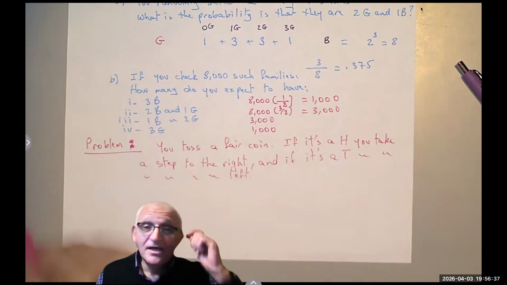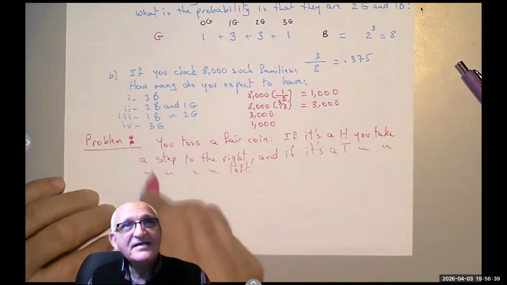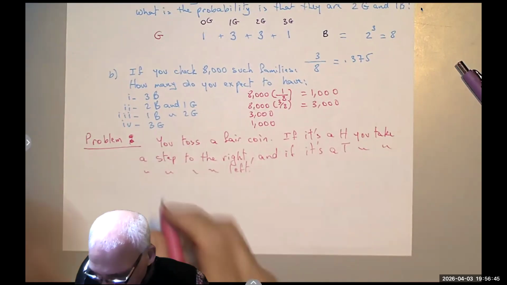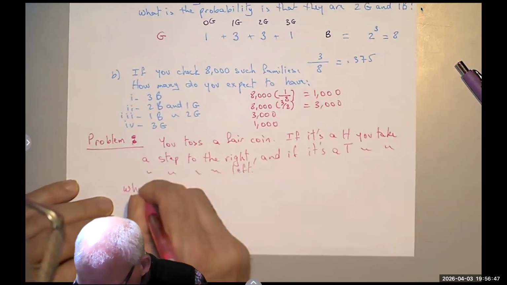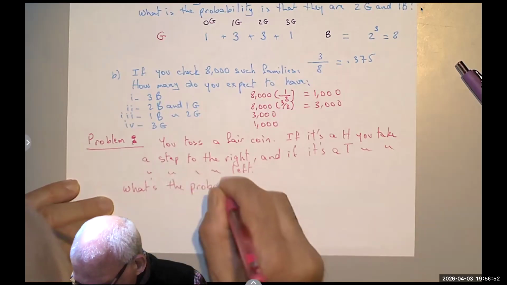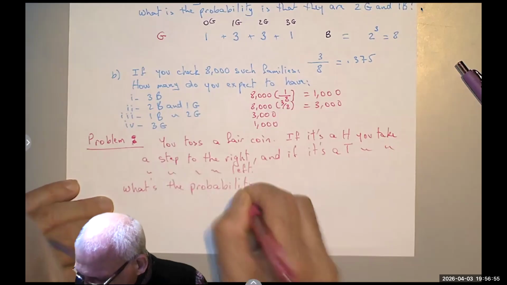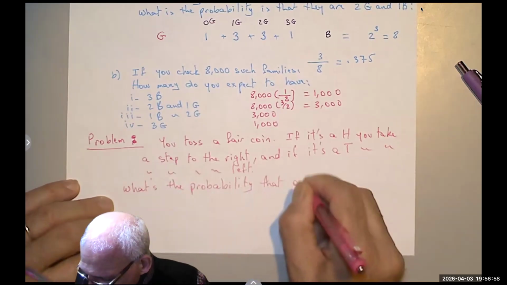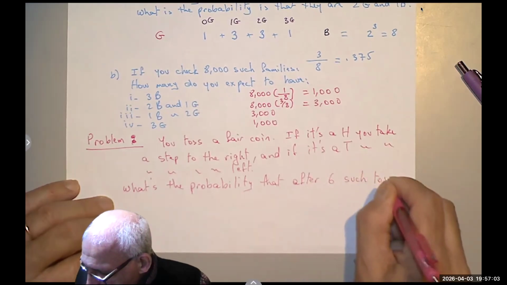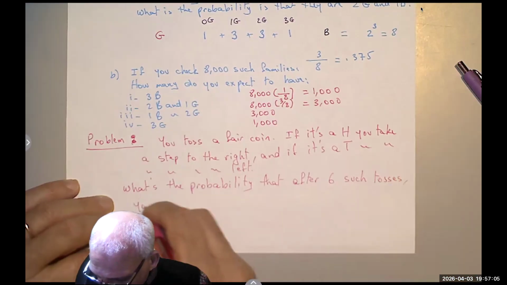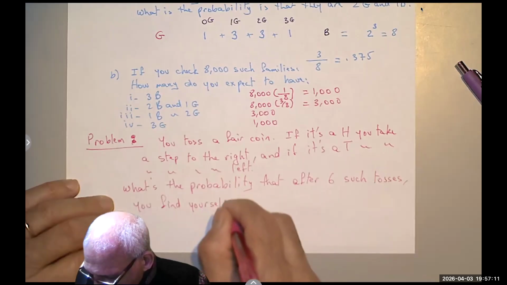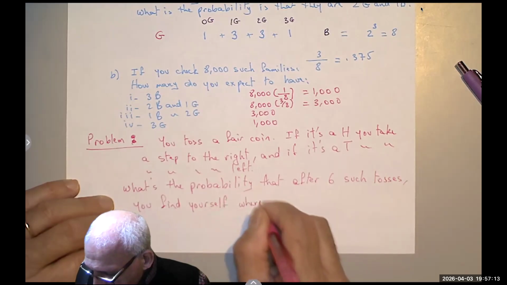No big deal. Okay, now I think I asked the seventh graders, what is the probability after four tosses? No, I'm going to ask you, what's the probability that after six such tosses, you find yourself where you started?